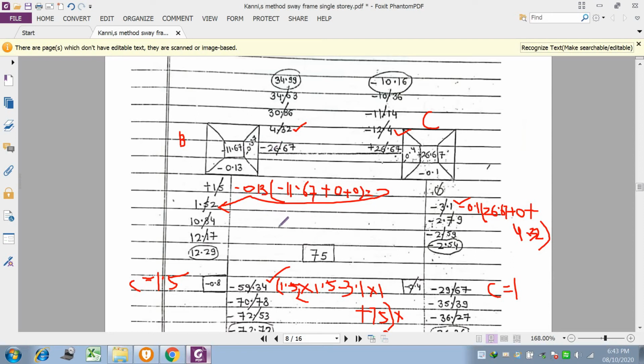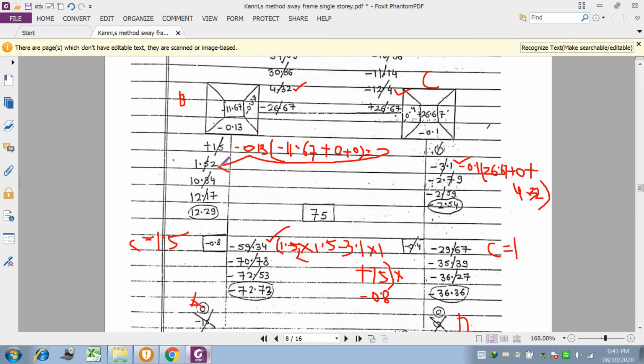Following the similar pattern, you can solve the next iteration, then simultaneously you have to calculate the value of this and this. Let us see how minus 29.67 will be calculated. Whatever calculation you have done for this case, you only have to replace minus 0.8 with minus 0.4, because we are calculating the value for CD.